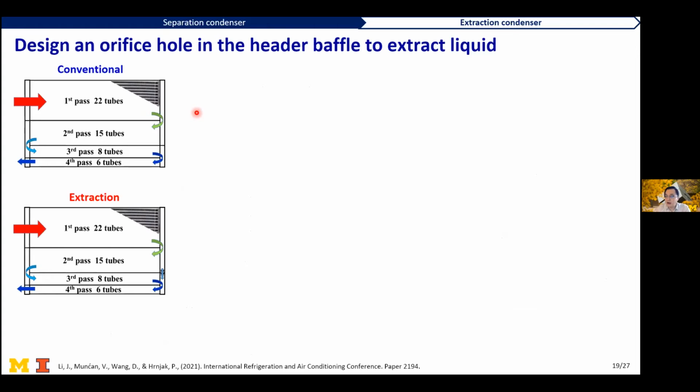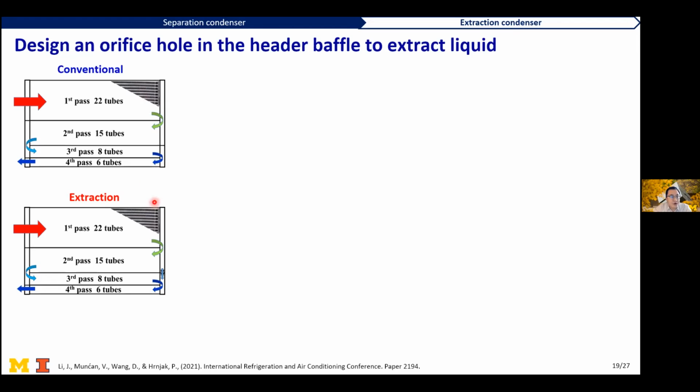And next I will go briefly over an even simpler design that I did during my PhD at the University of Illinois. So we are still using the liquid separation concept, but we are thinking about whether there's an even simpler way to achieve liquid separation.